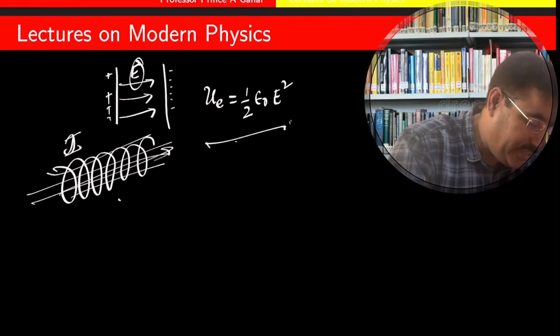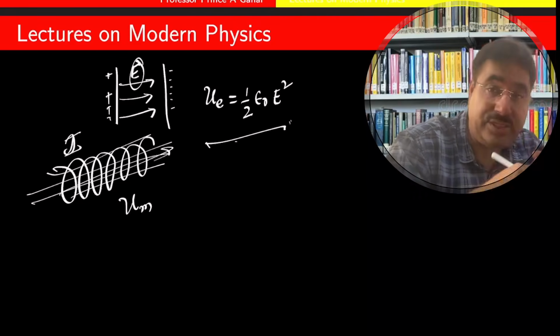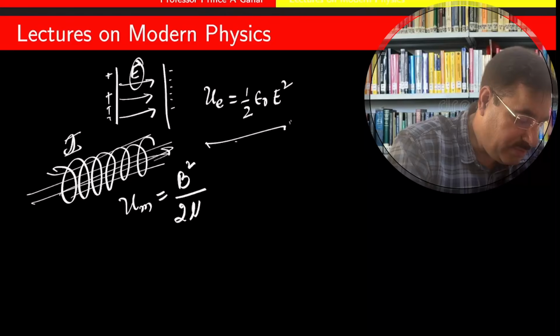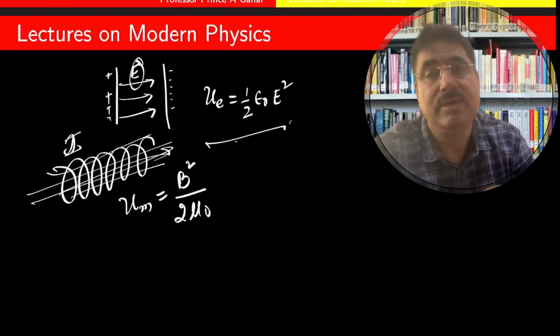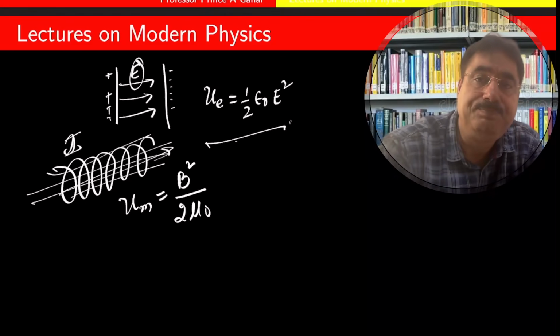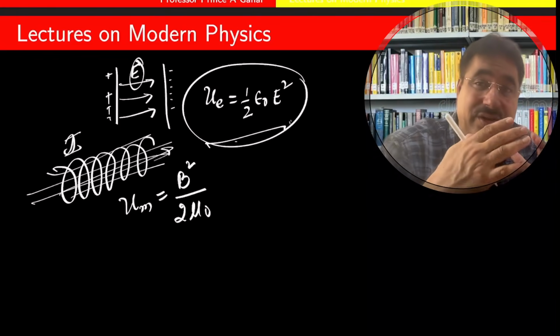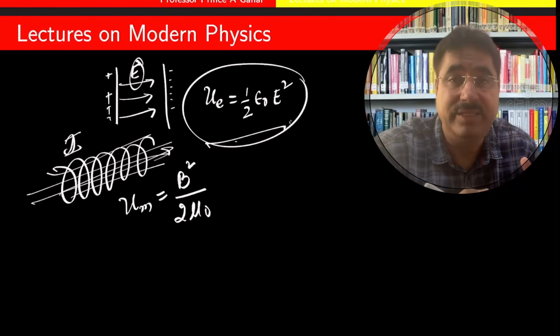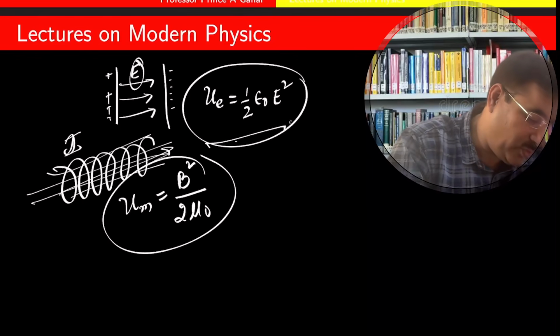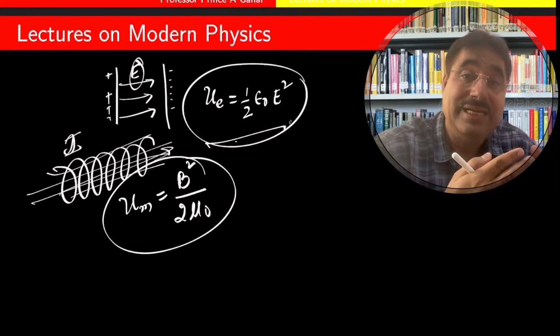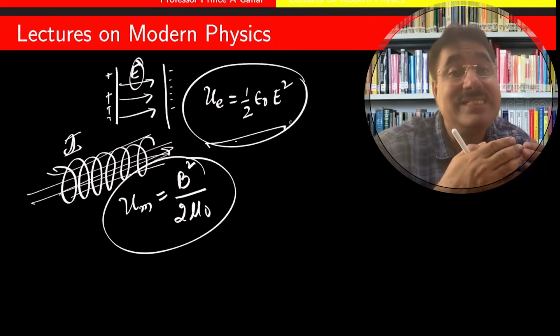The magnetic energy density for a solenoid is equal to B square by twice mu naught, where mu naught is the permeability of free space. So this is the energy stored in the electric field, which is an electrostatic field in this case, and this is the energy stored in the magnetic field, the magnetic energy density, provided you have steady currents.